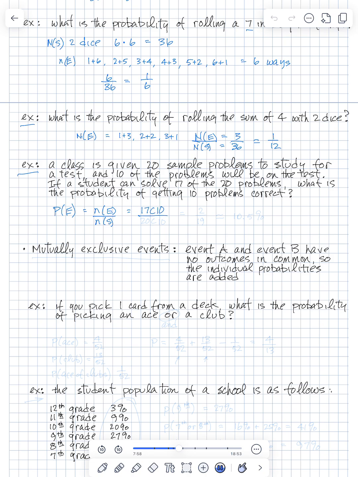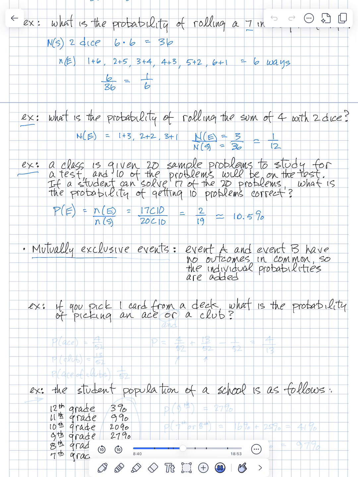And n of s is the number of combinations of getting 10 out of 20, so this would be 20C10. You put that in your calculator, you get 2 over 19, which is exactly 10.5% probability of getting all 10 right if you only know how to solve 17 out of the 20.